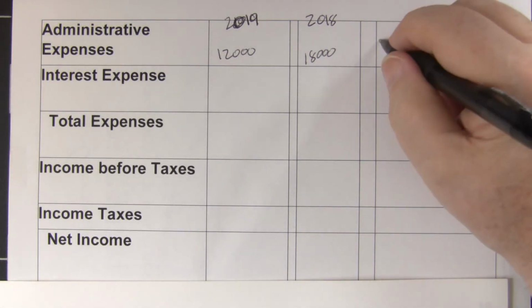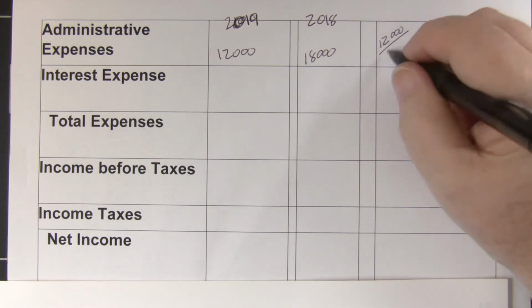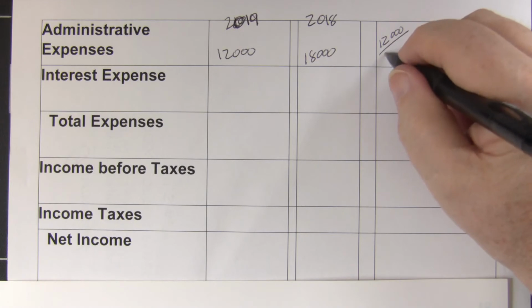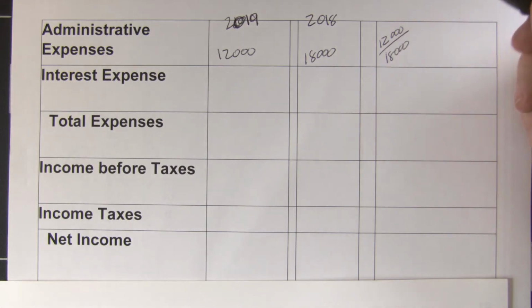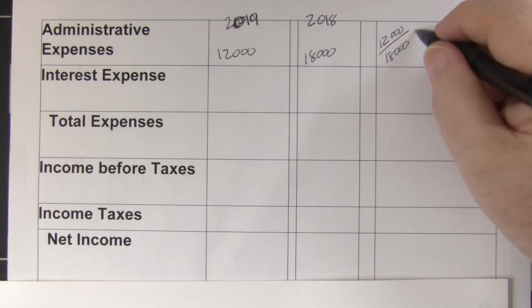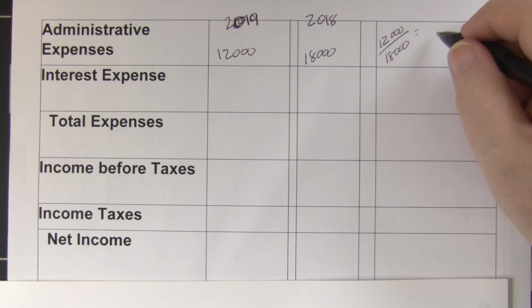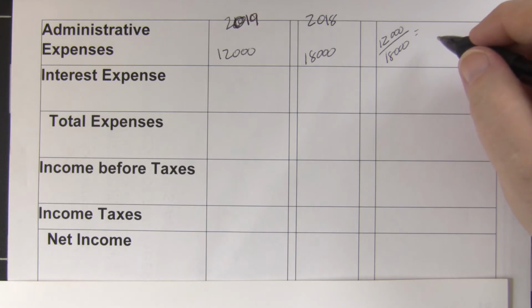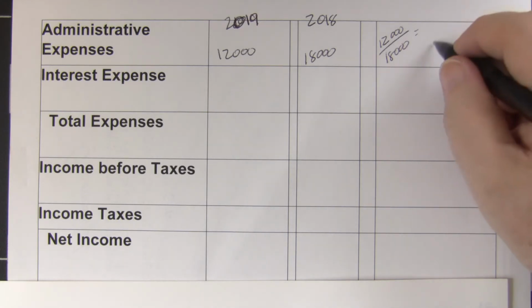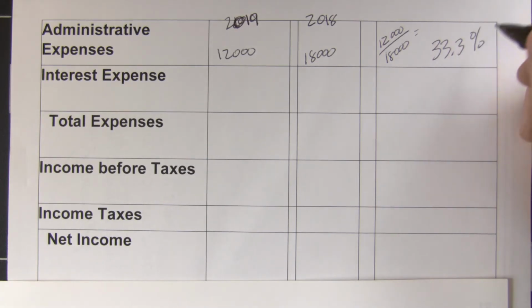If you take 12 divide by 18, you come up with 1.66, so it's minus 33.33%.